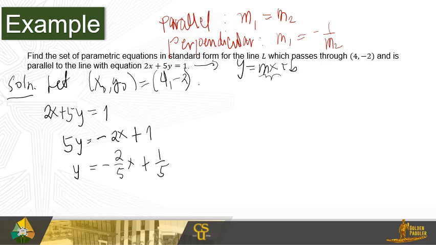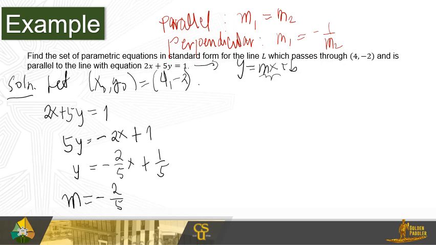So ang katabi ng x, which is the m, ito yung slope: negative 2 over 5. Yan yung gagamitin natin na slope.